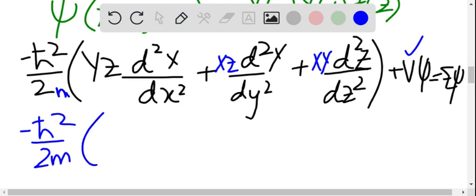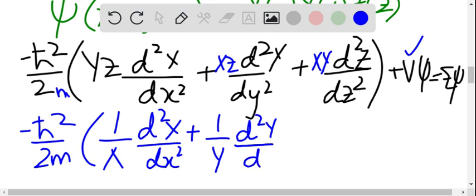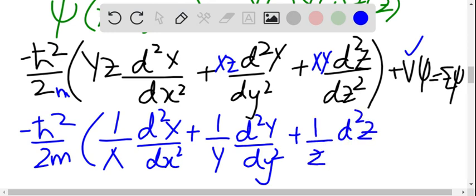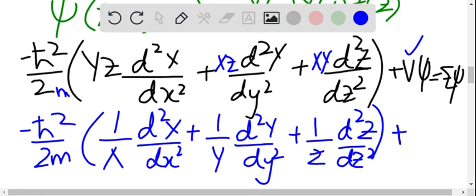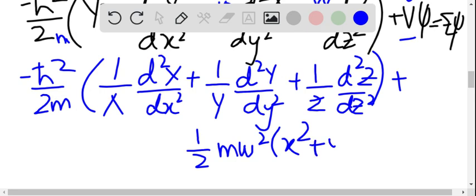So 1 divided by X d square X divided by dx square plus 1 divided by Y d square Y divided by dy square plus 1 divided by Z d square Z divided by dz square, plus plugging the value of V, I have 1 over 2 m times omega square times x square plus y square plus z square is equal to E, right?